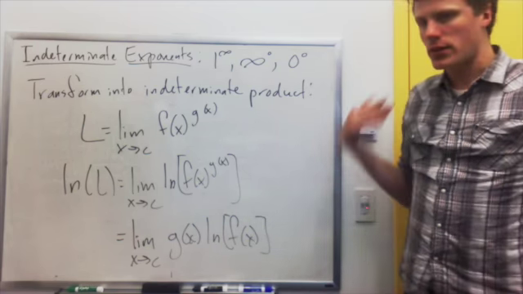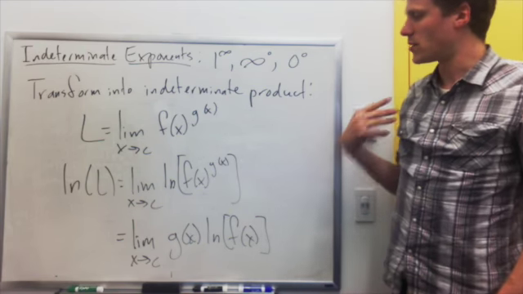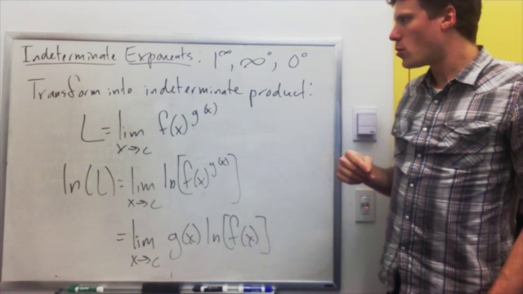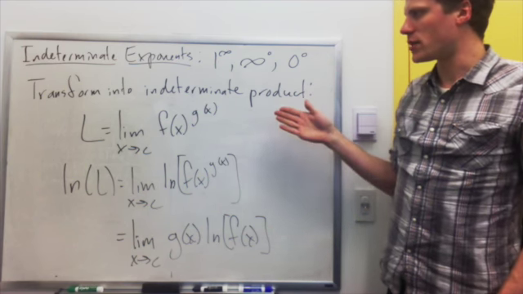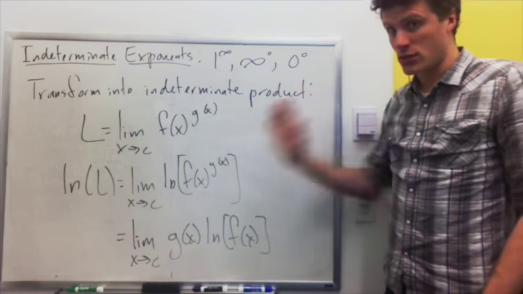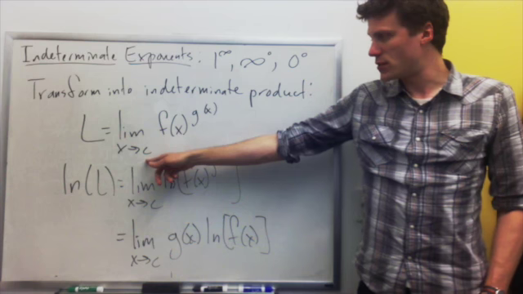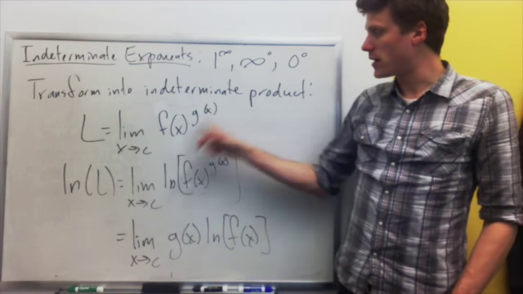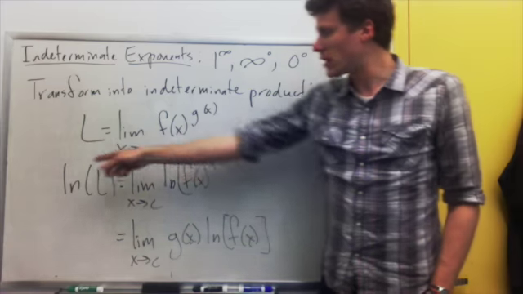Now what do we do to transform one of these exponential indeterminate forms into something where we can apply L'Hopital? Well, what we do is we take natural logs. That's often how we have dealt with exponentiating functions, is we take logs to turn it into a product. So if L is the limit as x approaches c of f of x to the g of x, and it looks like one of these three things, then we'll take natural logs.